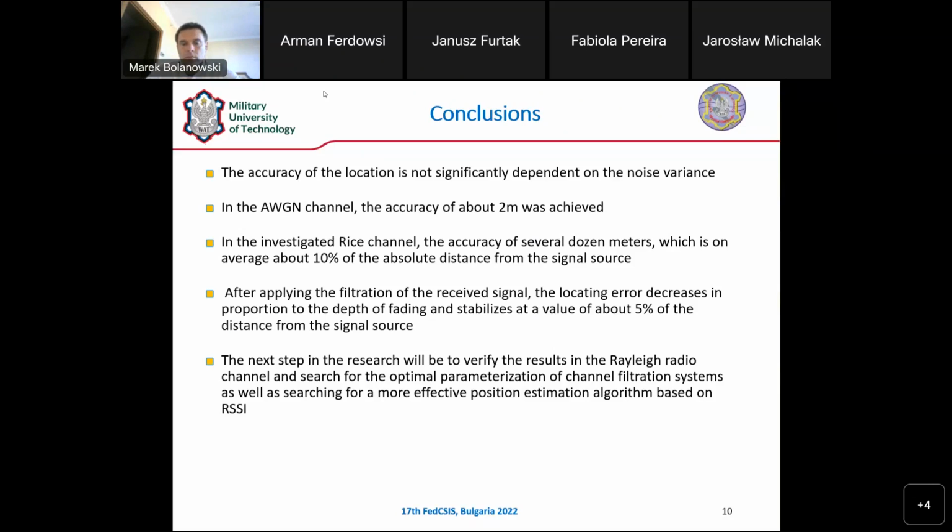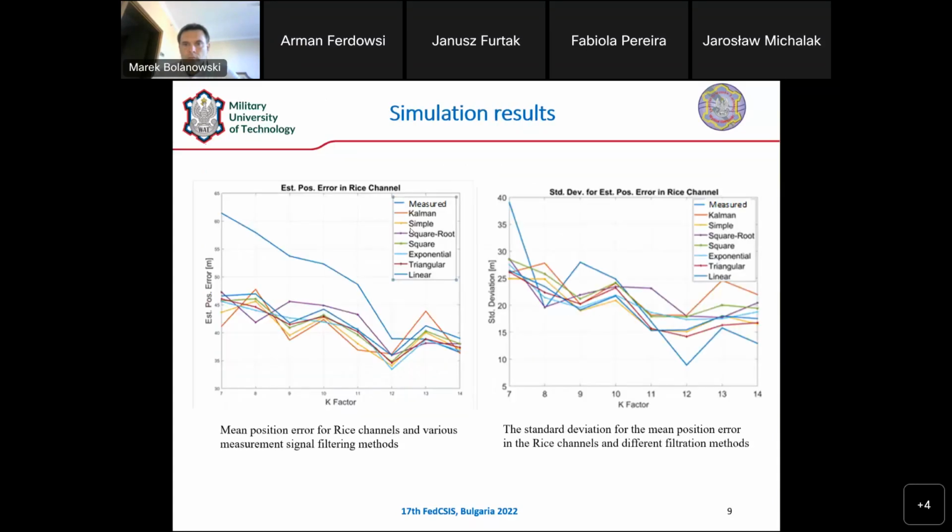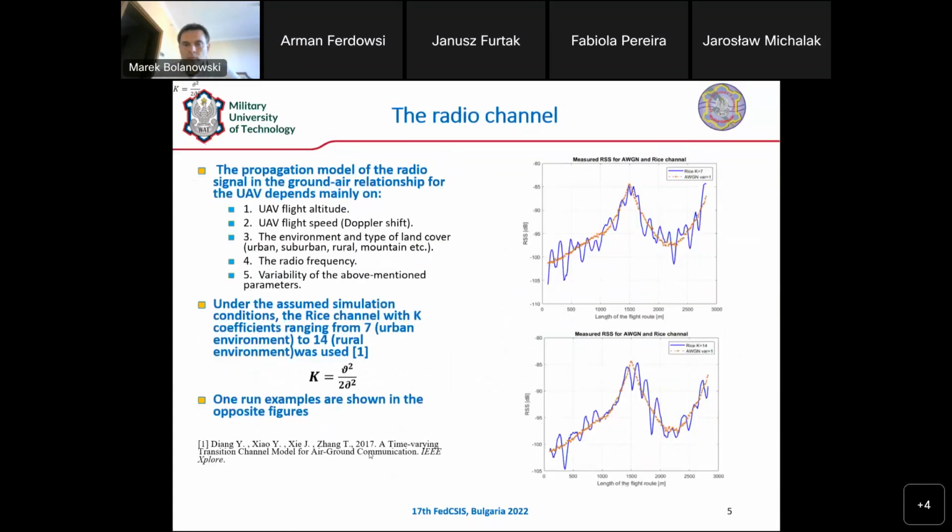On the surface. I use the Rayleigh propagation model, and the K coefficient is suited to the results when K is from 7 to 14. It is suited to a drone above the ground. Okay, I don't need the three-dimensional coordinates.